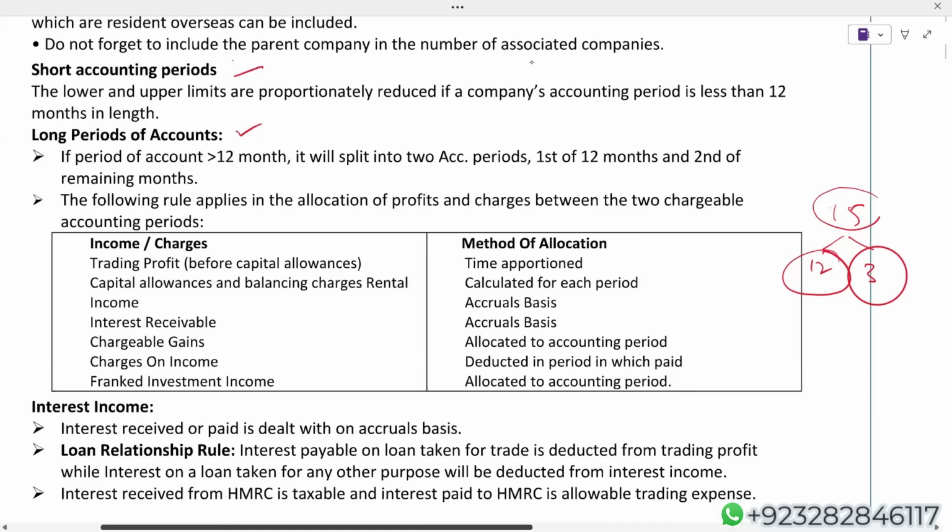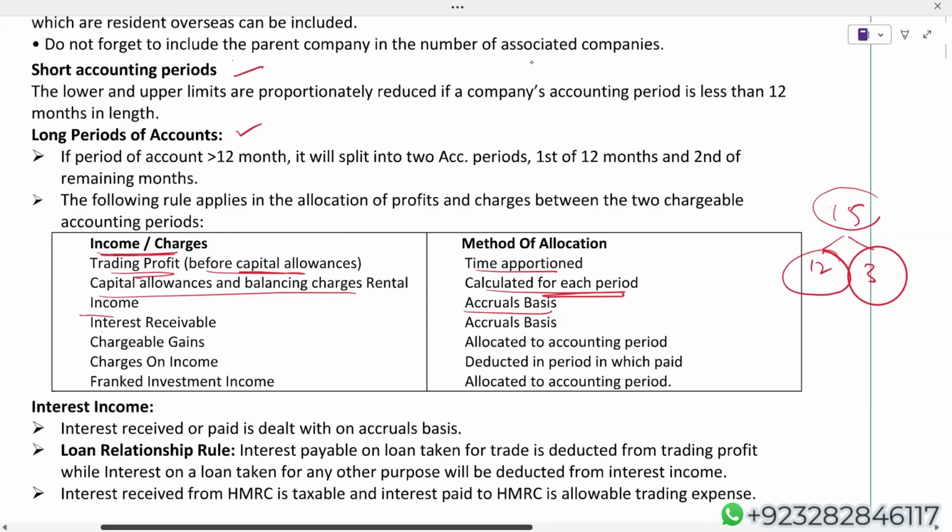Then how do we allocate incomes and charges? Trading profit before capital allowances will be time apportioned. Let's say the examiner has given you the 15 months trading profit, that will be time apportioned 12 and 3 months in my example. Capital allowances you will calculate for each period, meaning 12 months and 3 months. Income is taxable on an accrual basis, interest receivable on an accrual basis.